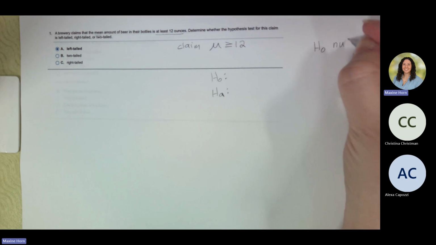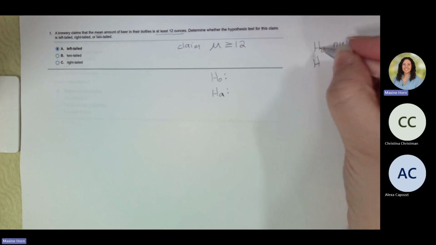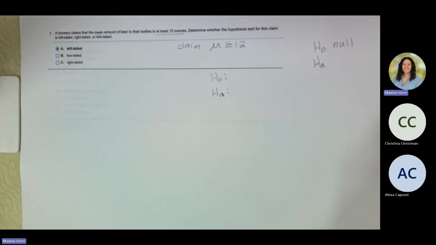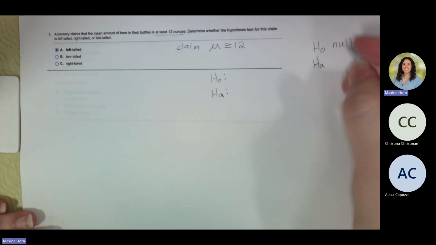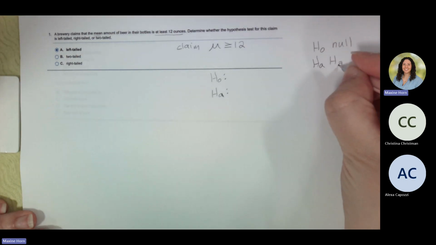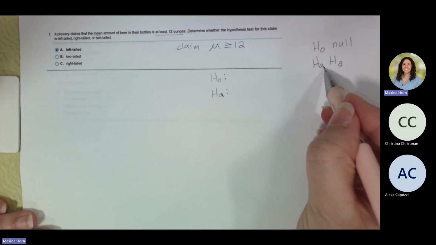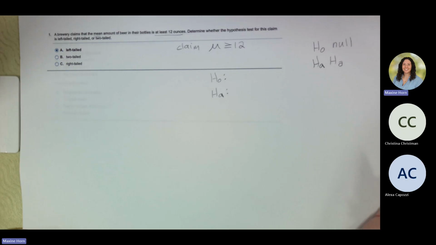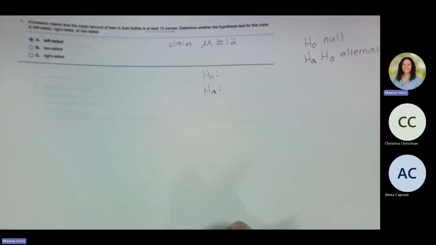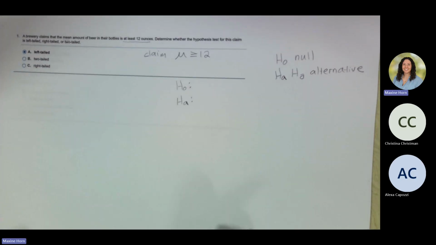That is your null hypothesis. So an H sub 0, an H sub A. You can write the A like that, or it might be easier to write the A like that so that it's a little easier to see that there's a little tail there. But that is your alternative hypothesis, right?